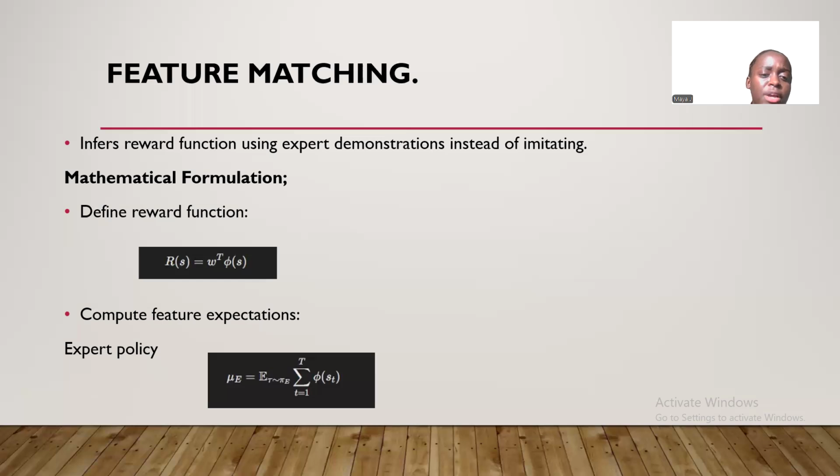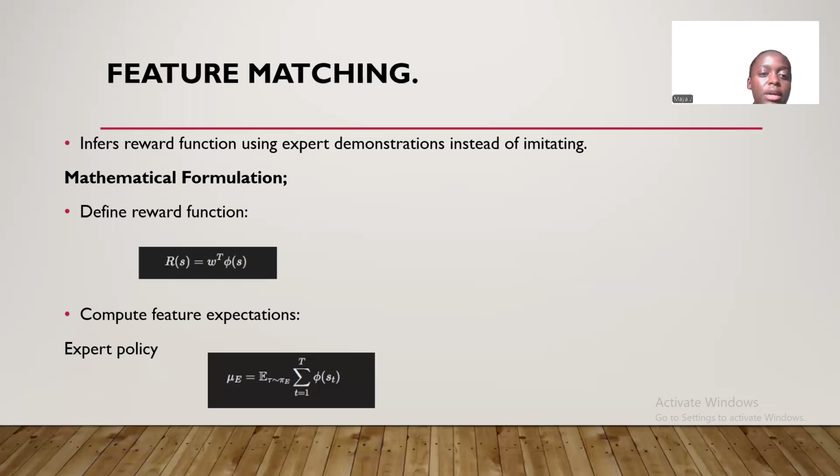First of all, we have 3 steps to define a reward function. And we have R(S). This stands for the reward at state S. We have W, which are the weights, and the weights just show the feature importance. So a feature with high importance would be more prioritized over the others.